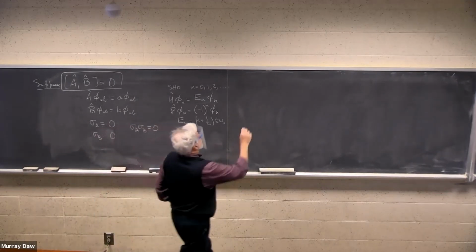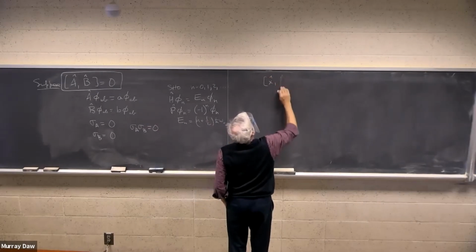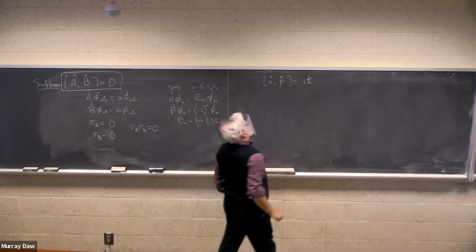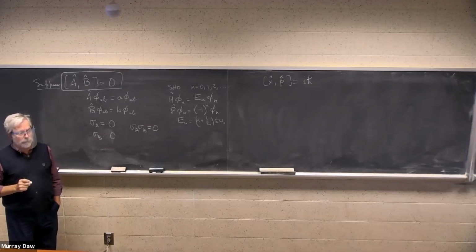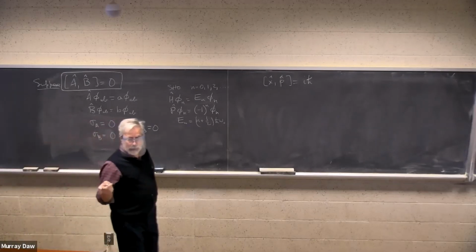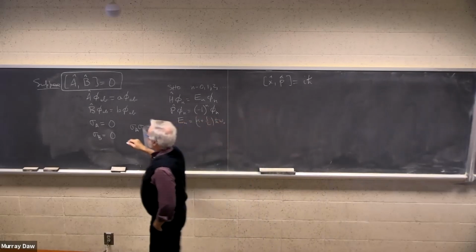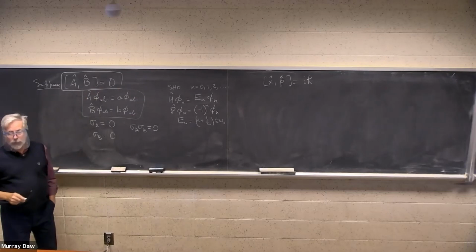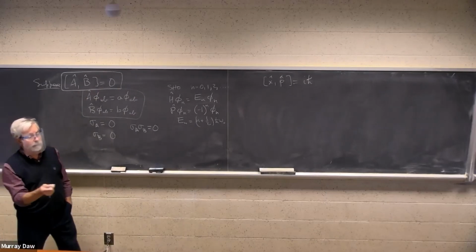Okay, but we had an example of a pair of operators that don't commute. And you remember the Kennard uncertainty principle. We do the same thing. It means that we cannot find a set of eigenfunctions which are eigenfunctions of both x and p.